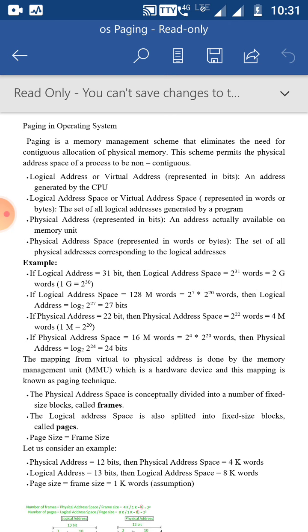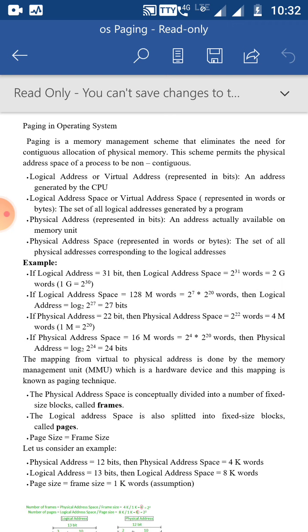Here fragmentation is the problem. To overcome this fragmentation, the compaction technique was introduced. These are the things discussed in the previous class.